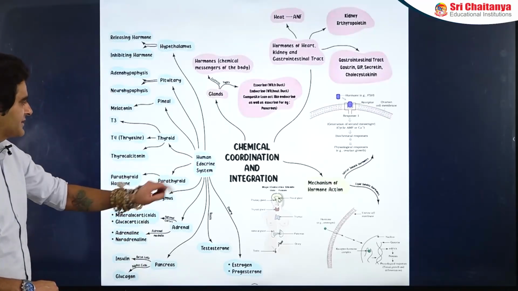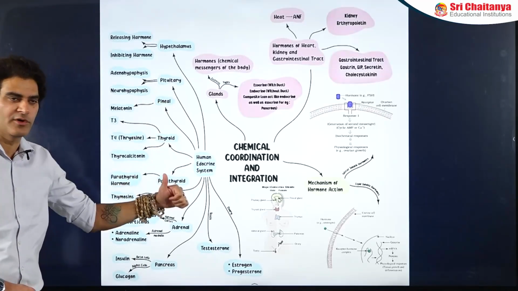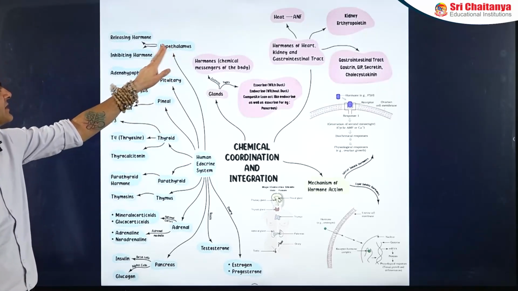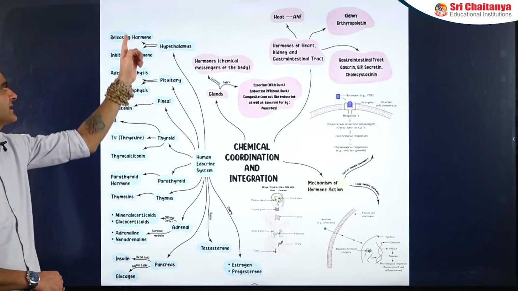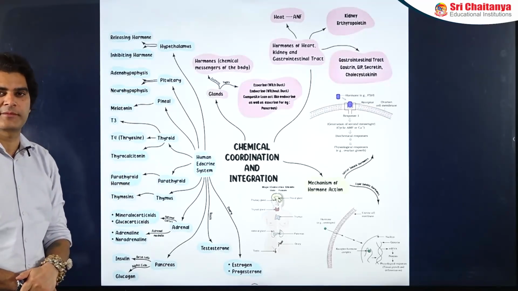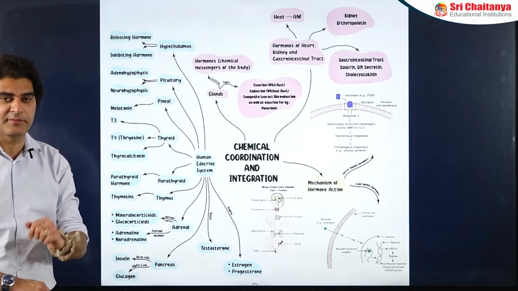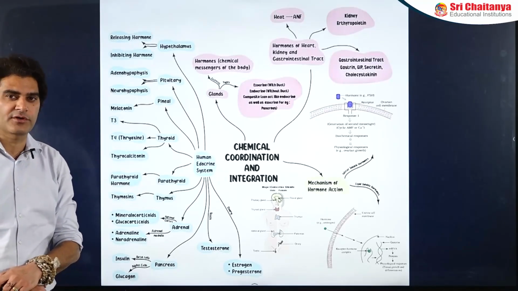In this mind map, we can see all the glands have been shown from their location top to bottom, beginning with hypothalamus, which produces 2 types of hormones, releasing hormones and inhibitory hormones. Both releasing and inhibitory hormones of hypothalamus will be regulating the activities of anterior pituitary. Remember this word, anterior pituitary, not the posterior pituitary.